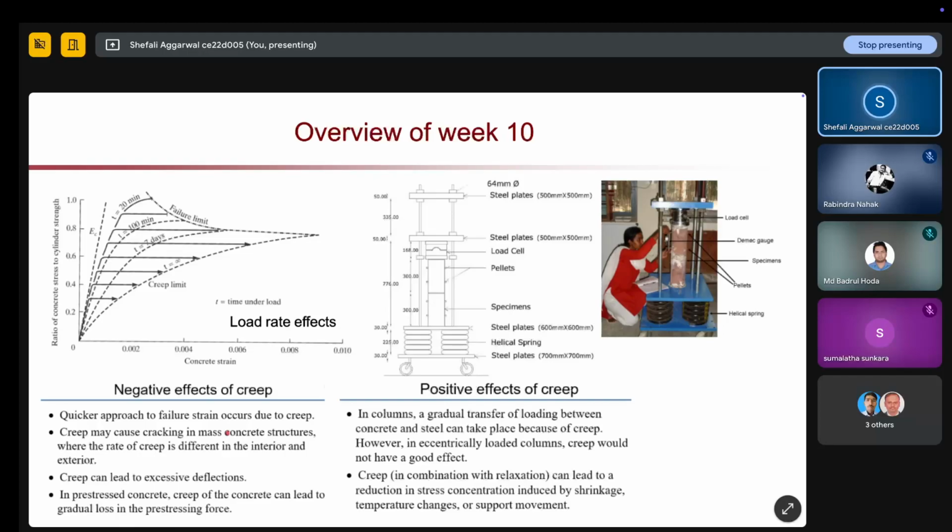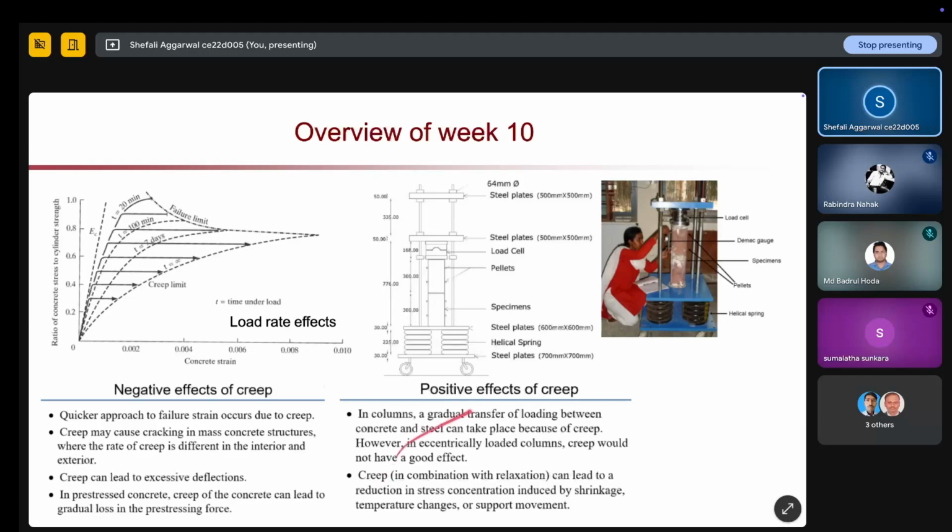So your design strain value will be much higher than your actual strain value, and it may cause cracking in mass concrete structures, where outside and inside the creep coefficient is different. So your outside will crack easily. Another thing is that it can lead to excessive deflection. And again, as we have seen in pre-stressed concrete systems, because of creep there is a loss of stress in your pre-stressing rebars.